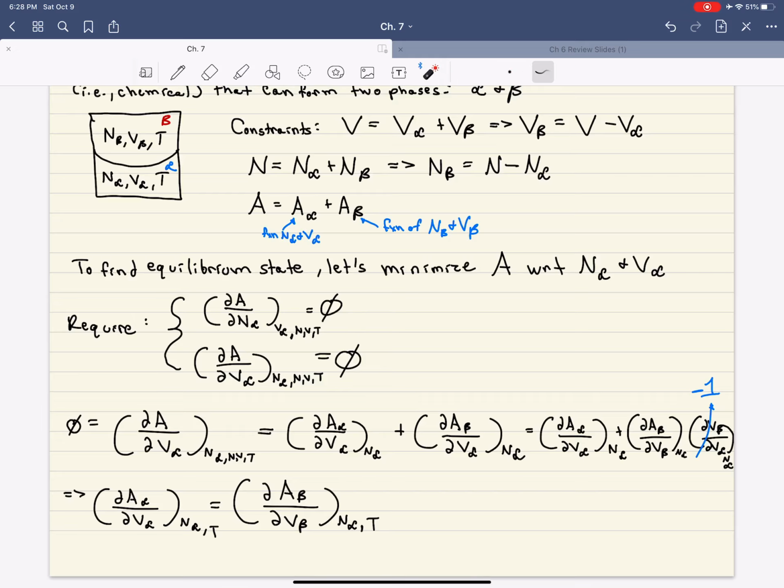All right, so we have this result, but what does it mean? What is this result useful for? Well, what you have to remember is we have these partial derivatives here. And if we have these partial derivatives, this is a key that we need to start thinking about the calculus of thermodynamics and start thinking about what the fundamental equations of our different energies are.